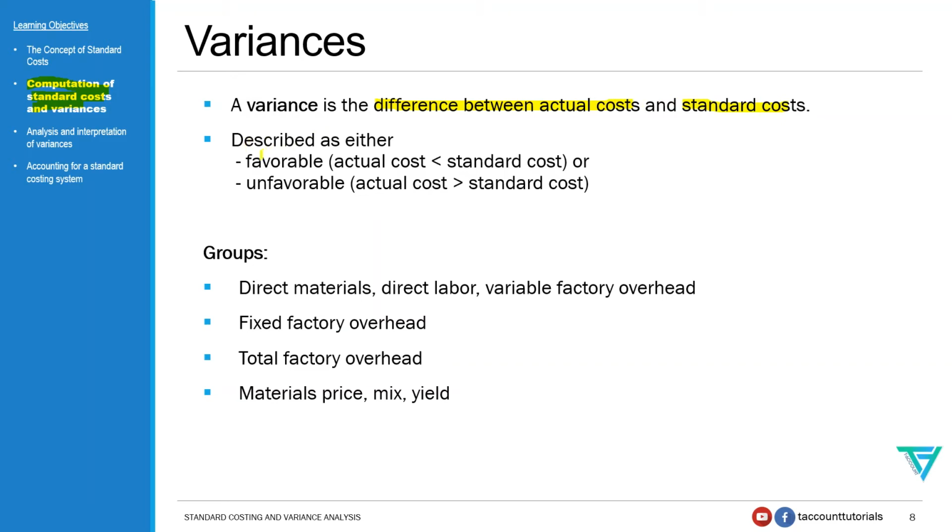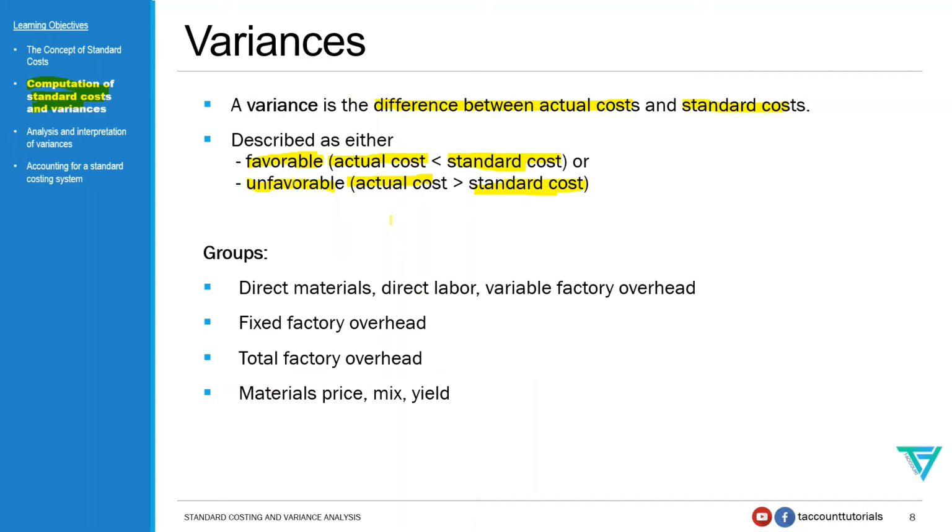It can be described either as favorable, actual cost would be lesser than standard cost, which means that the company spent less than what is expected through the standards, means it is favorable to the company, or it may be unfavorable, wherein the actual cost is greater than the standard cost. Okay, this means that the company spent more than what they are expecting.